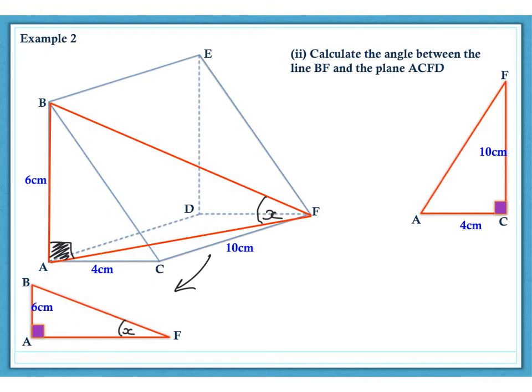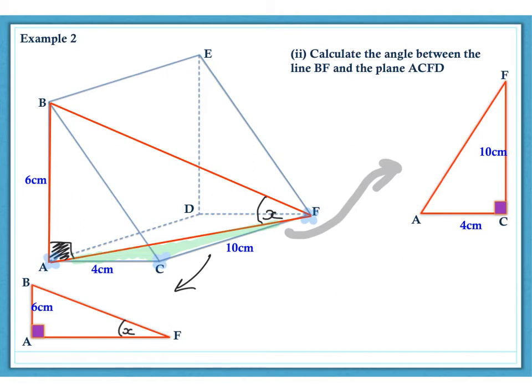Now, to see the right angle triangle, you need to actually look at the base of the cuboid, and hopefully you can see where I've shaded in green, there is a right angled triangle. It joins up point A with point F and point C. And for clarity, I've drawn it out separately over here.